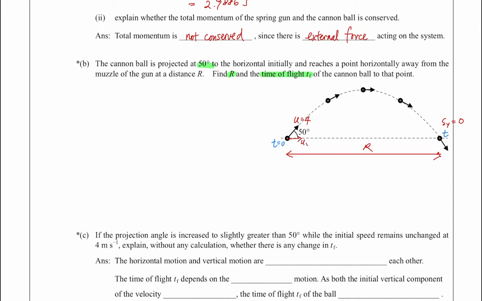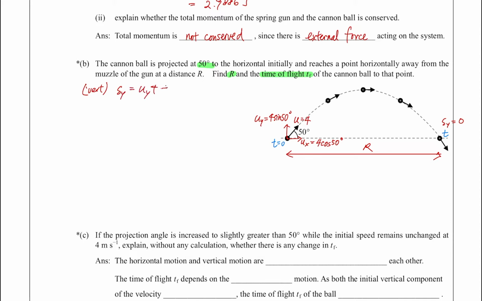First of all, let us resolve the velocity into its horizontal part, 4 cosine 50, and its vertical part, 4 sine 50. Okay, we focus on the vertical part of the motion.